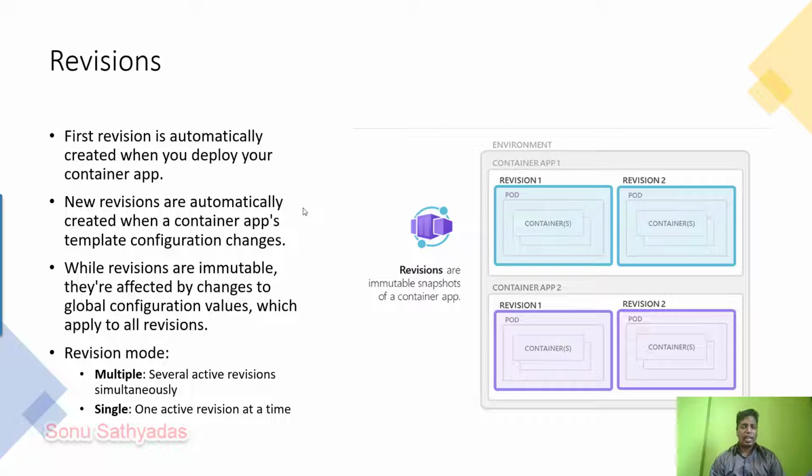In such cases, I can run both the revisions and split the traffic across multiple revisions. In that case, I need to set the revision mode as multiple. Then the application will be serving the request using either revision 1 or revision 2 based on the traffic that you are allowing.